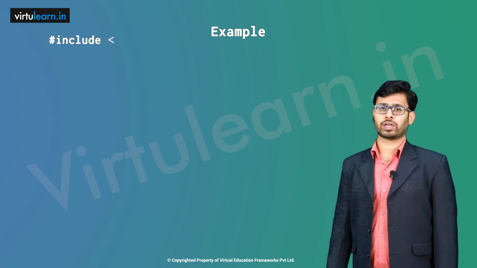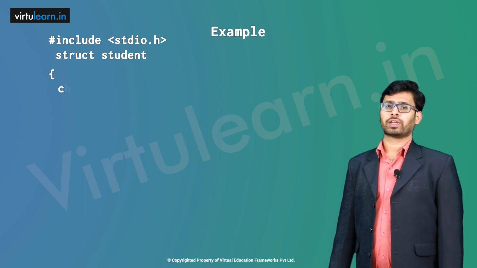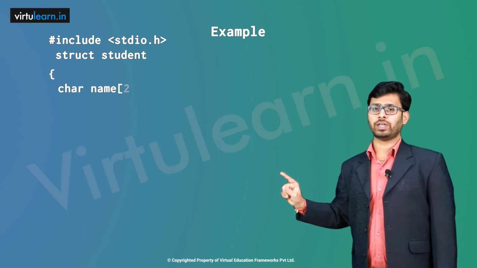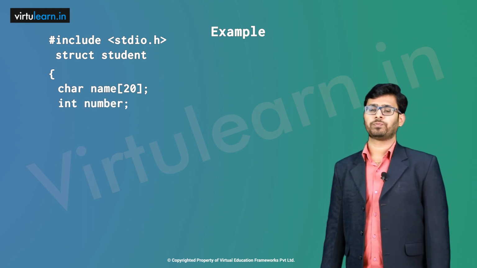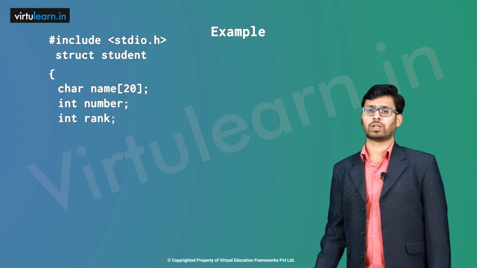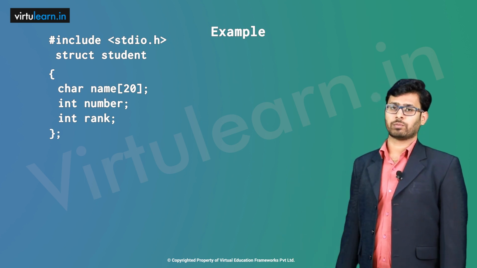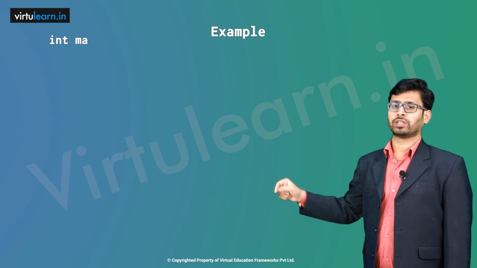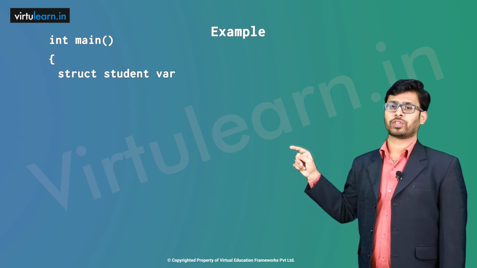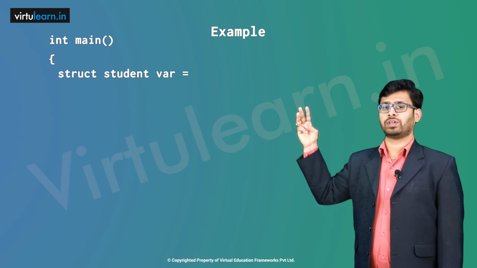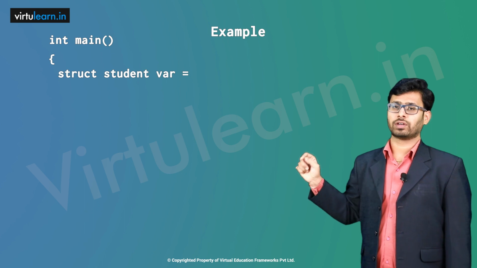Hash include stdio.h, struct student, open the curly brace, char name of some size 20, semicolon, int number, semicolon, int rank, semicolon, closing the structure student with a semicolon. int main, open the curly brace, struct student var equal to, I am writing the 3 member list elements, directly initializing them within the curly brace.